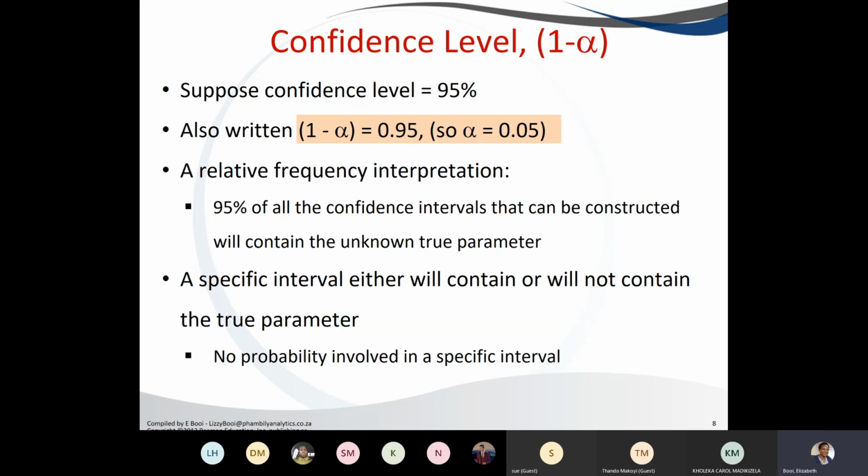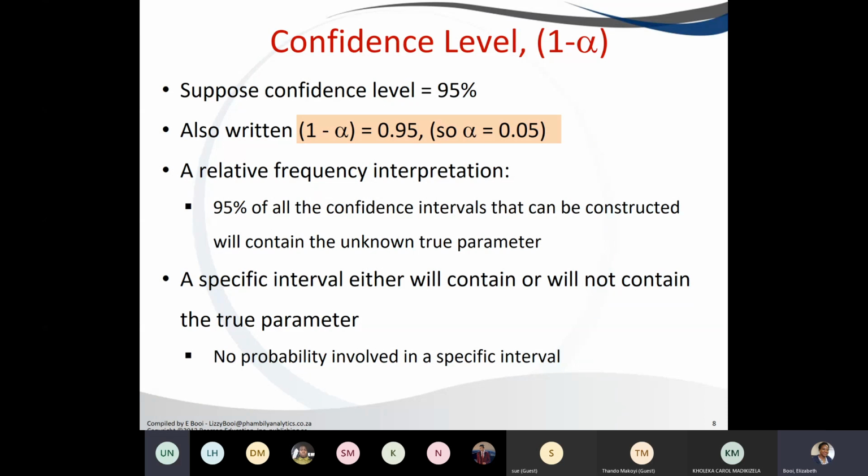Sometimes they might give you alpha as 0.05, or they might tell you to find the confidence interval at a 95% confidence level. So you need to use the confidence level to derive your alpha, which is your level of significance.